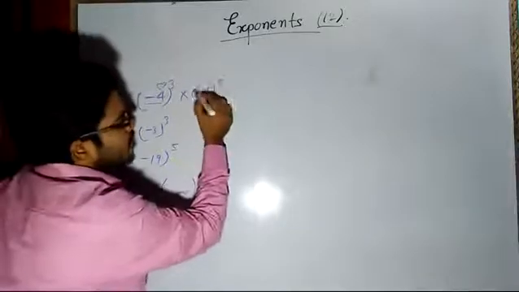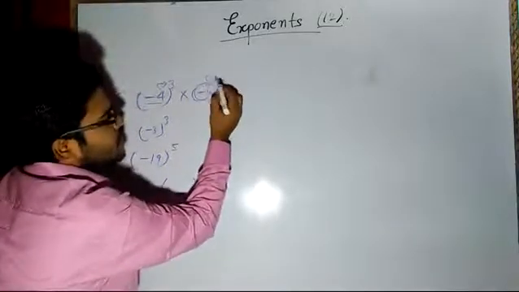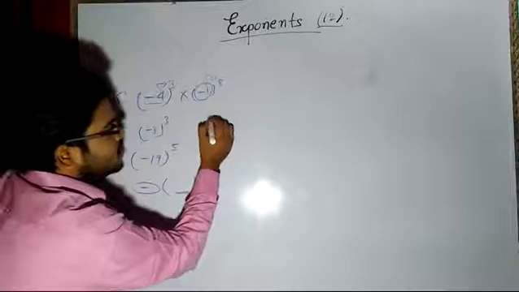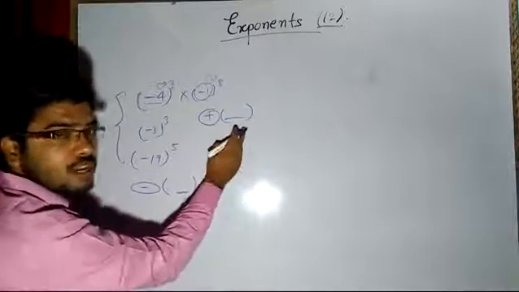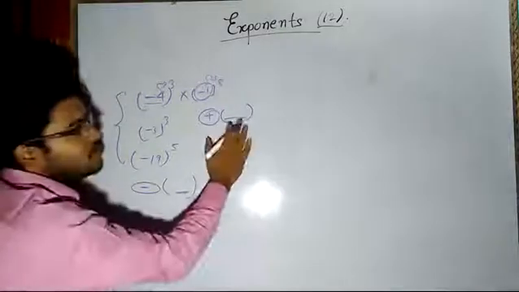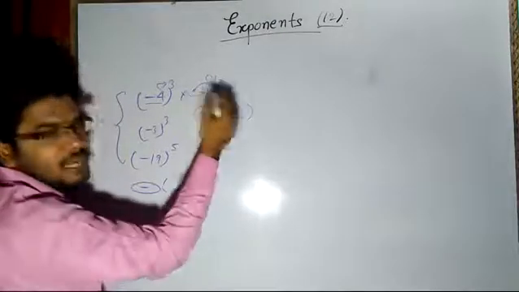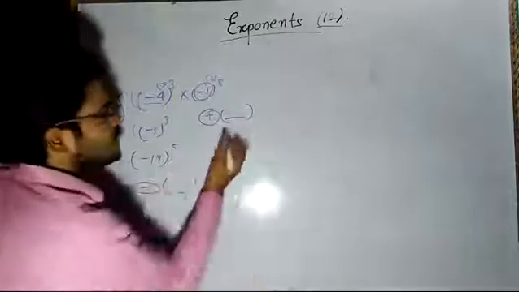Now when we have any negative number and we have even powers, then your result will always be positive, whatever numerical value we may get. Like in case of 1 multiplied 100 times, the result will be 1.